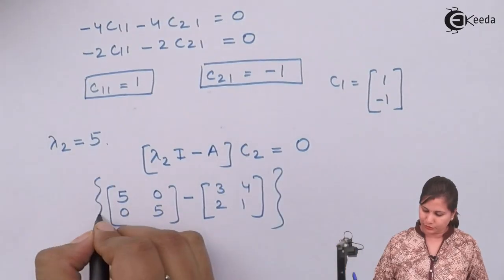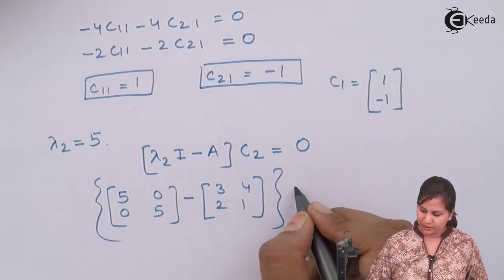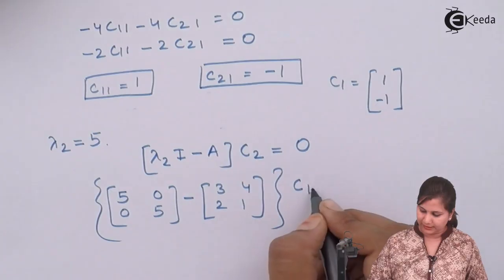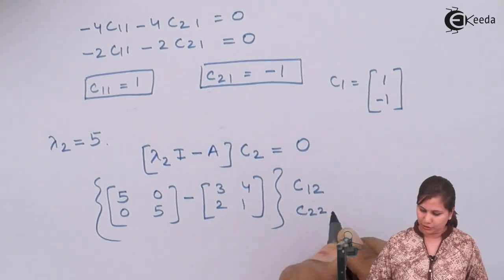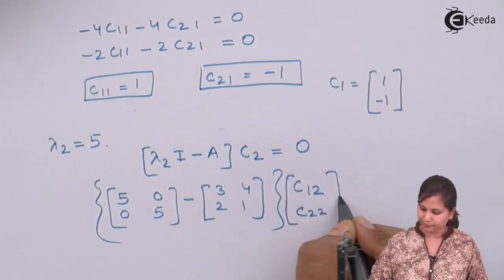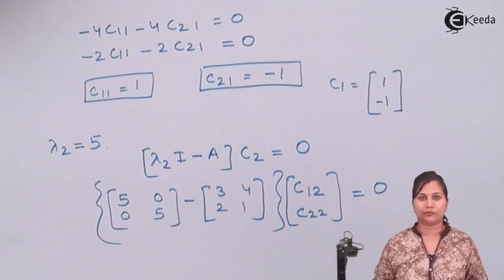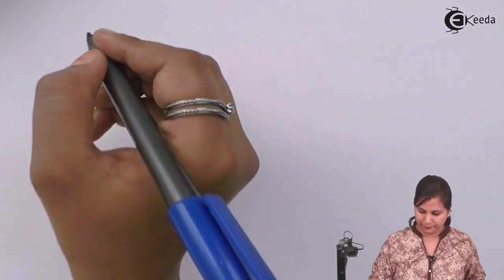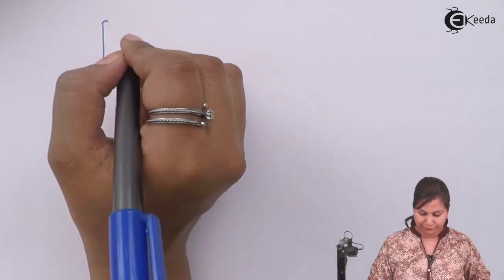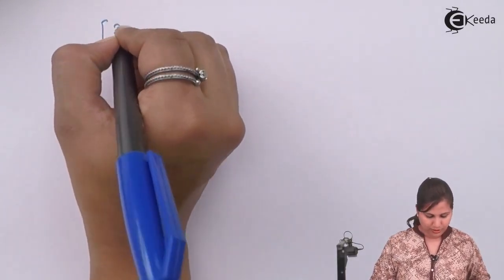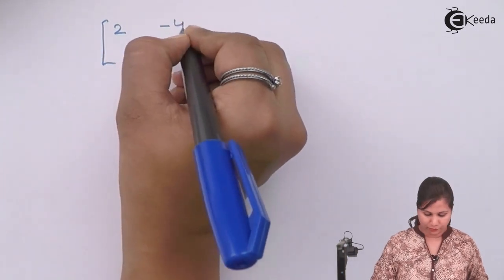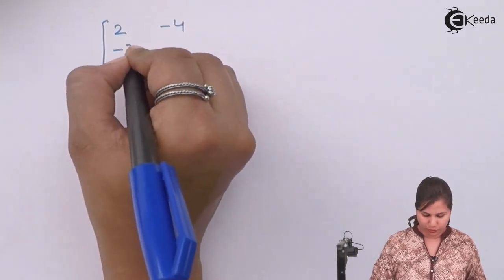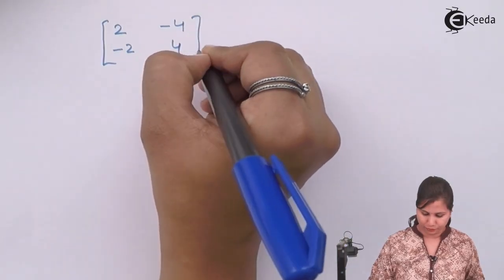And this whole has to be multiplied with C2, which is having the elements C12 and C22 equals to 0. Multiply this, we will get 5 minus 3, it is 2, 0 minus 4 is minus 4, 0 minus 2 is minus 2, and 5 minus 1 is 4.